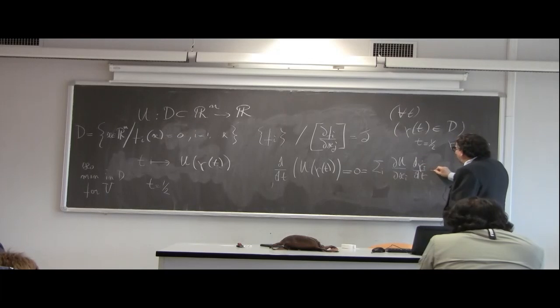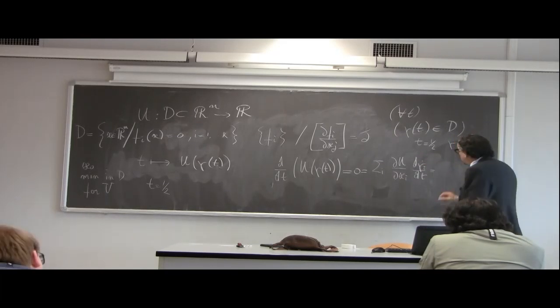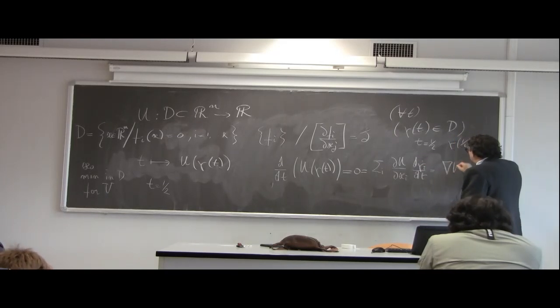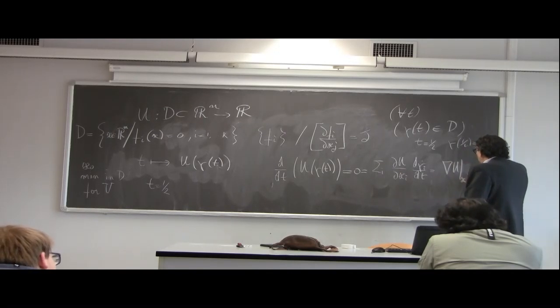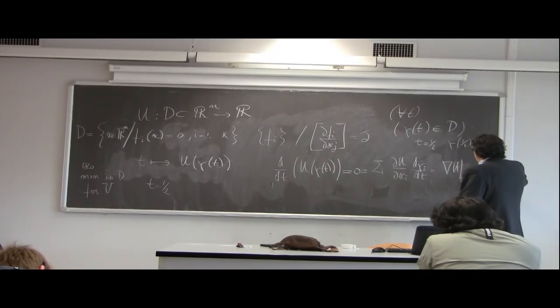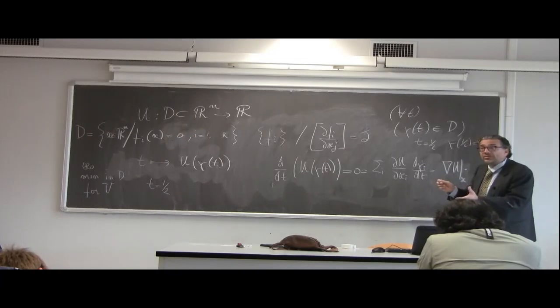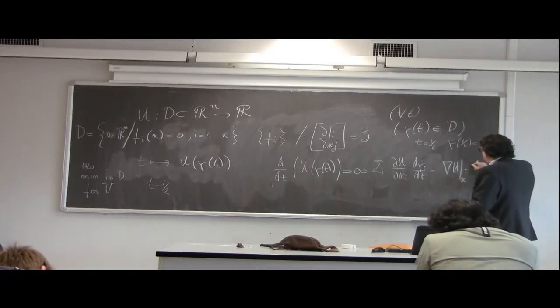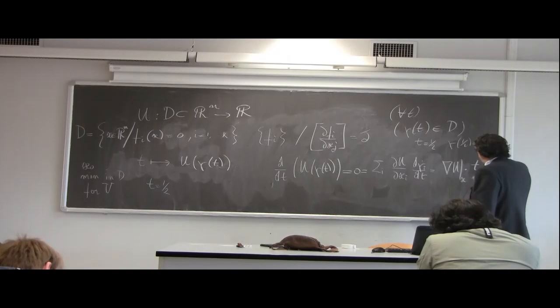So what we can tell is that the gradient of u in x0, inner product the tangent vector to gamma, is 0.